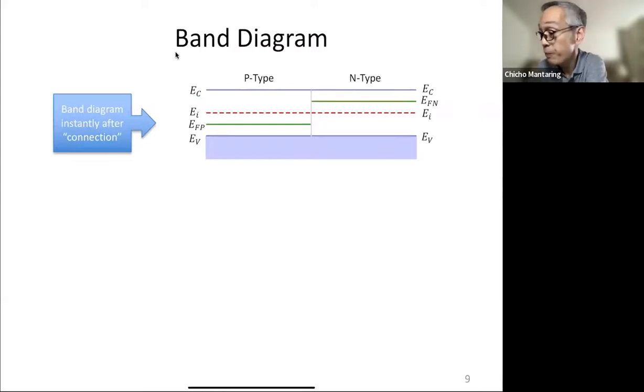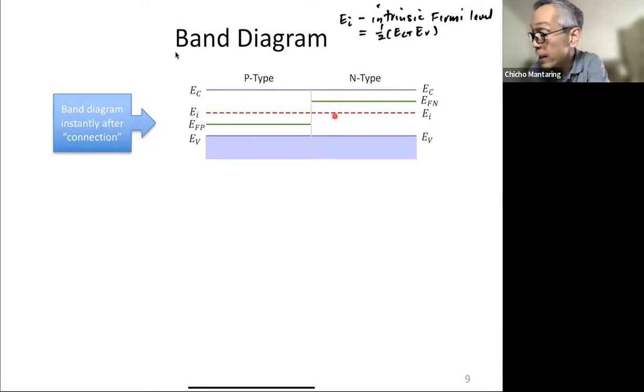So you have your EC, you have your EV, you have your intrinsic Fermi level EI. You remember EI is your intrinsic Fermi level, and this is just equal to 1/2 of EC plus EV. This is the midpoint between EC and EV.